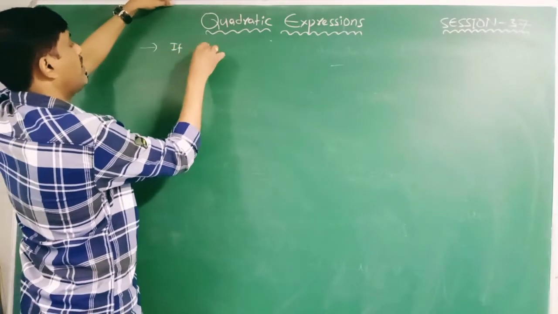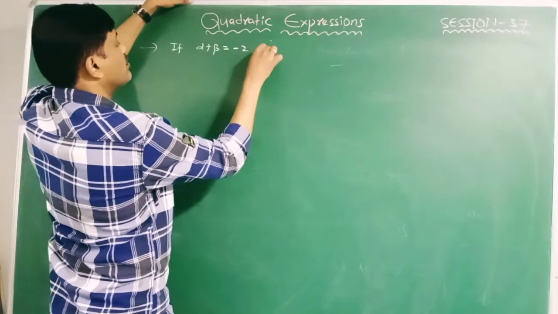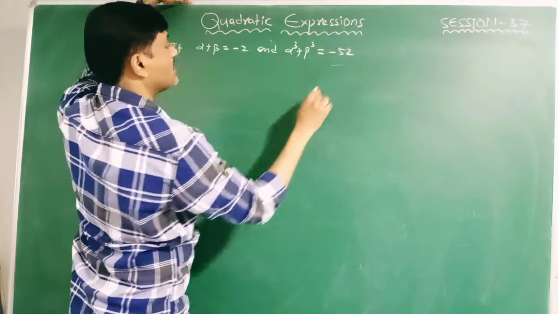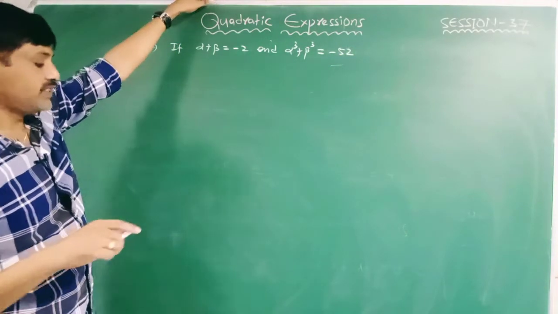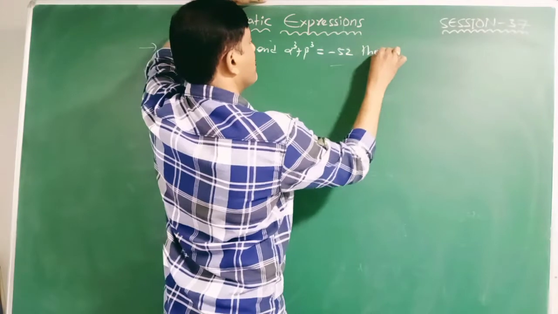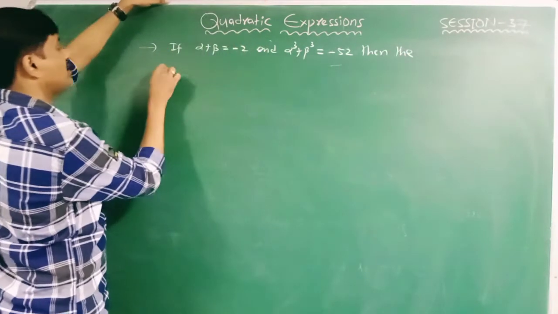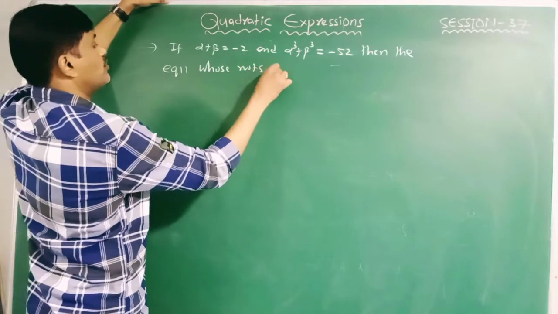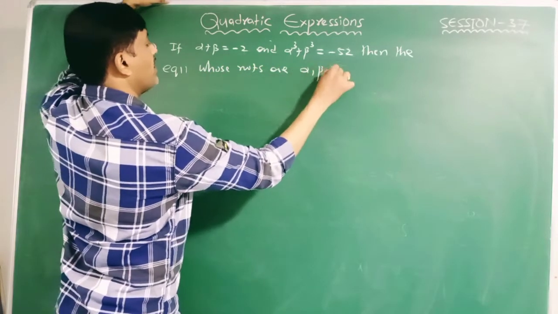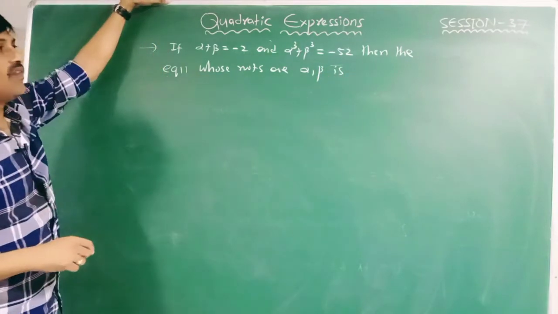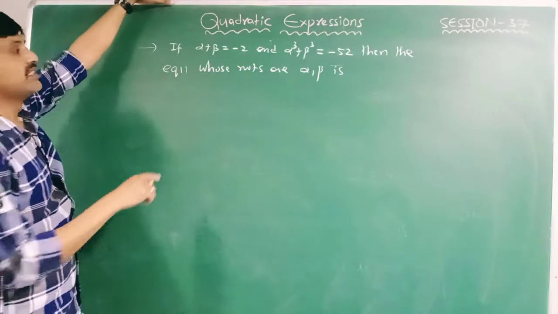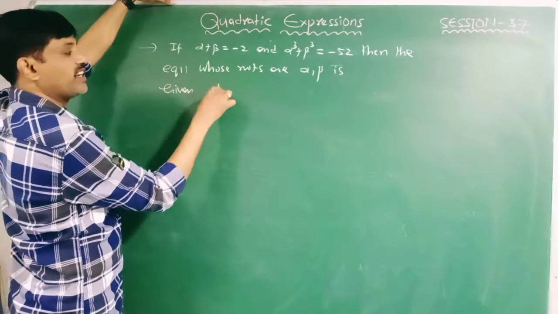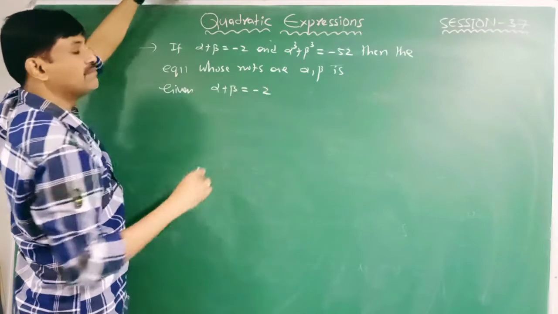If alpha plus beta is equal to minus 2 and alpha cube plus beta cube is equal to minus 52, then the equation whose roots are alpha comma beta is. Okay, as we know, sum of the roots is already given: alpha plus beta is equal to minus 2.